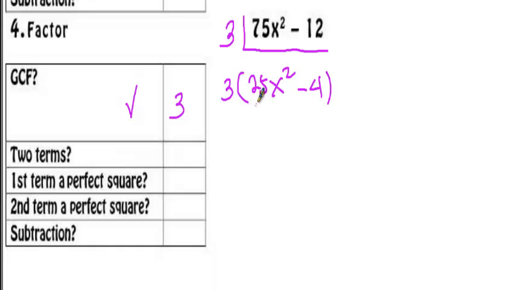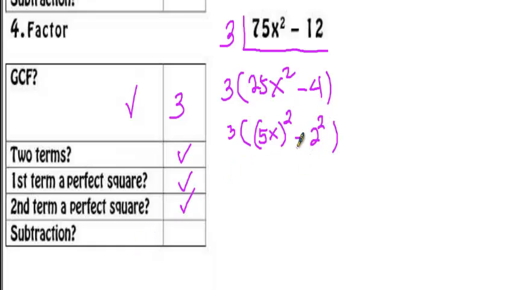Next, check if this expression is a difference of two squares. Do we have two terms inside the parentheses? Yes, we do. Is the first term perfect? Yes, because we can write this as 5x squared. Is the second term perfect? Yes, because 4 is just 2 squared.